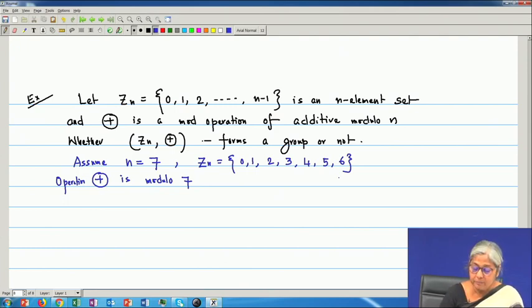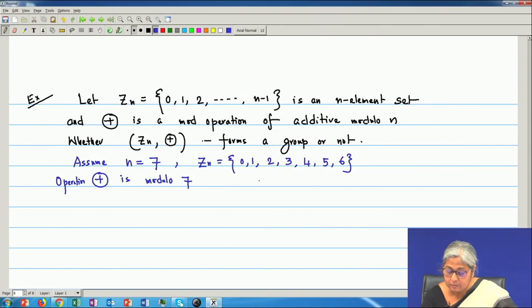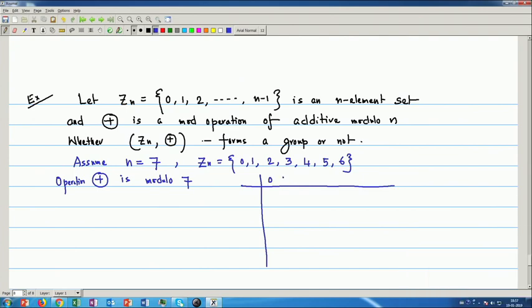So, if I draw the effect of this modulo operation on the set Z_n in matrix notation, just now what we have read, it will be 0, 1, 2, this is my modulo 7, because my set is up to 6.